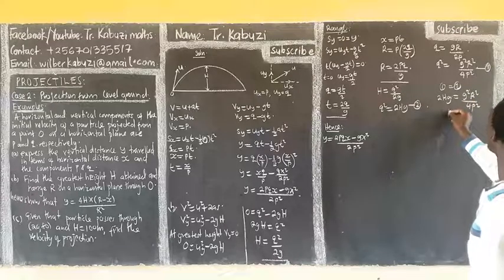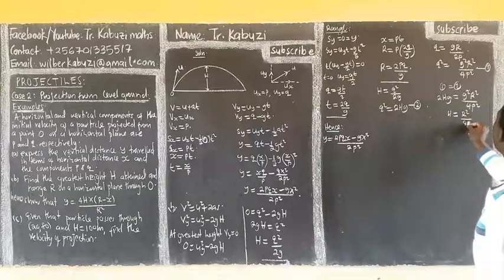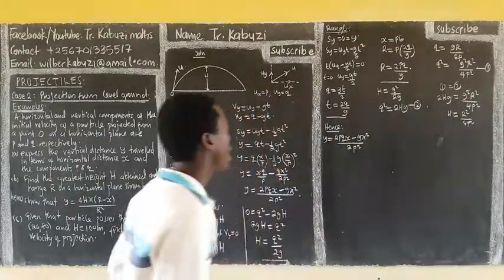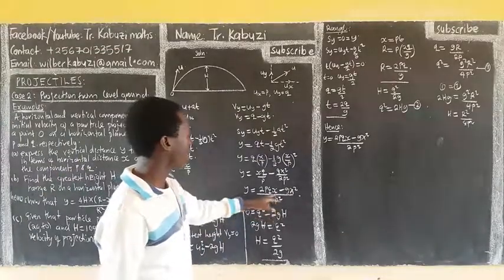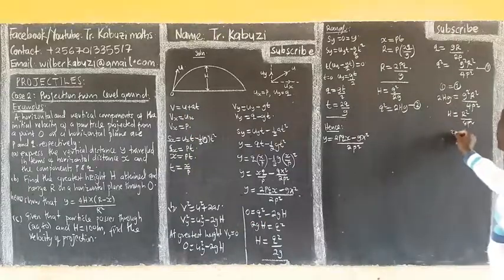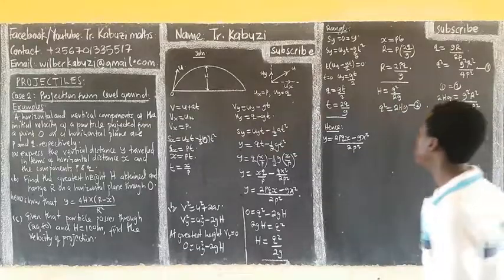So now my h is going to be r squared over 8p squared. Now from here, I want to eliminate this p squared. It implies that 2p squared is going to be r squared over 2h.